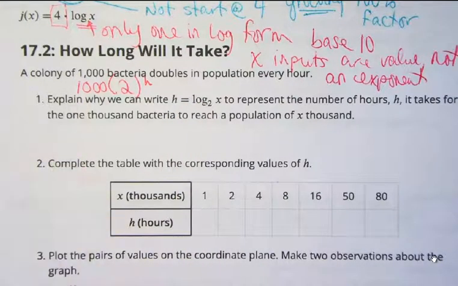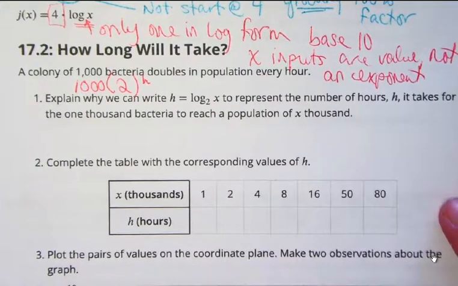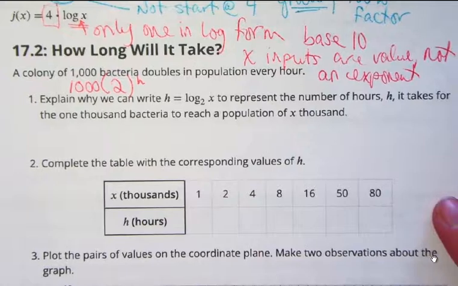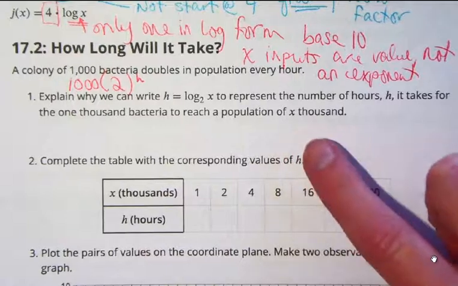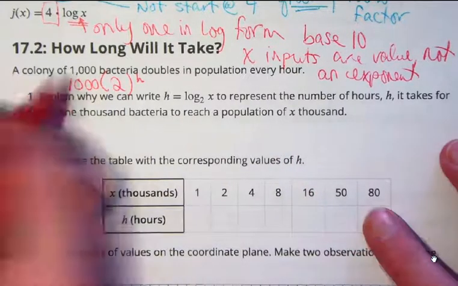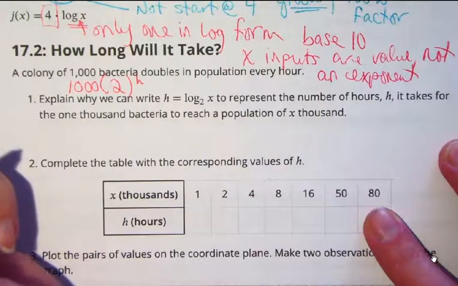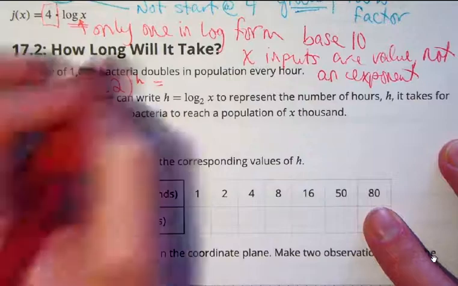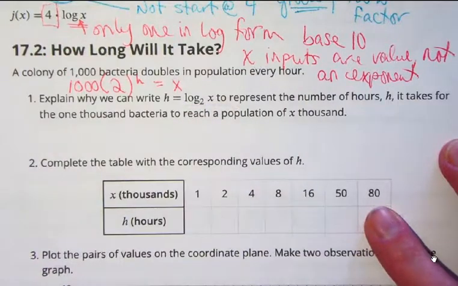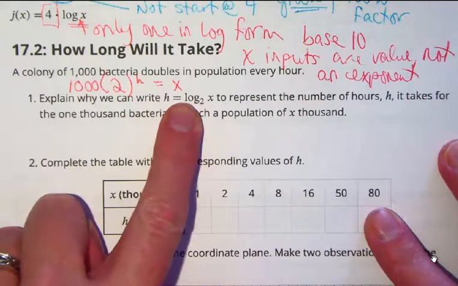So number 1, when we explain why we can write h equals log base 2 of x to represent the number of hours it takes for 1,000 bacteria to reach a population of x thousand, it might be helpful to take the equation we've already written here and know that we are trying to get it to equal a population of x thousand.